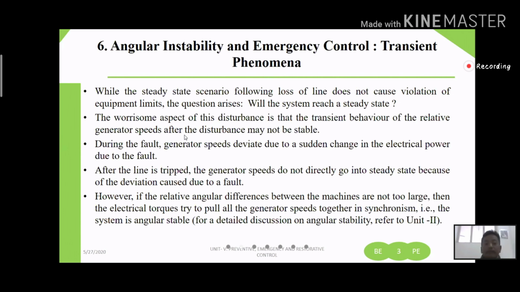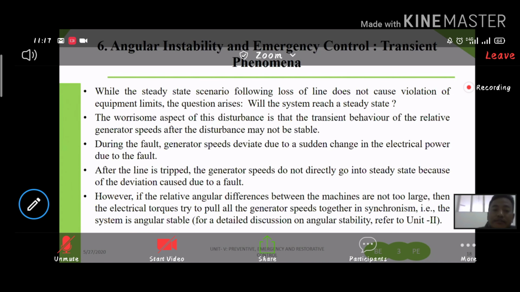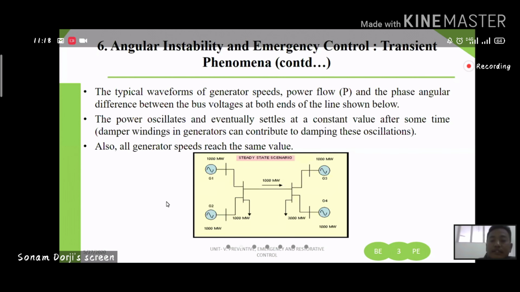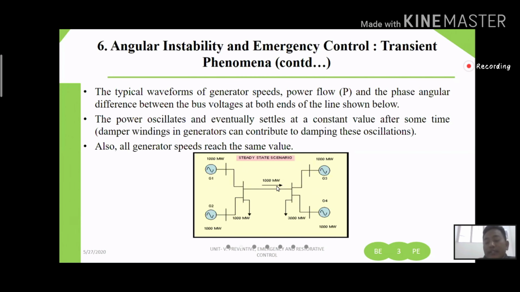So now, in the first case, we will consider that it will bring back to the steady state. So we'll see this scenario. We'll consider that this line was carrying 500 megawatt, but because of a fault in one line, it is now carrying 1000 megawatt. It is not violating any equipment limit.